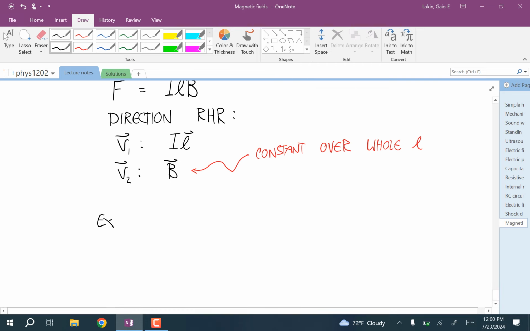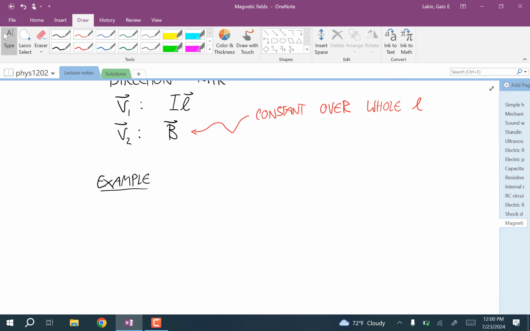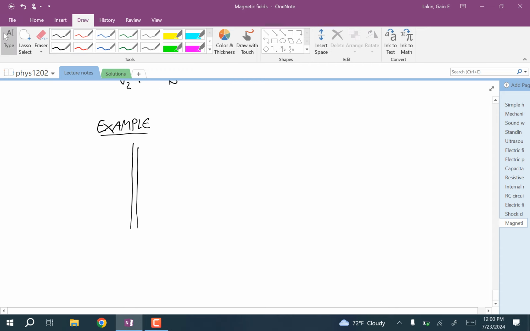Okay, let's do an example. So let's say that we have a wire that's vertical, and there's a current of 0.5 amp moving through the wire. And it's moving through a magnetic field that's directed into the page.